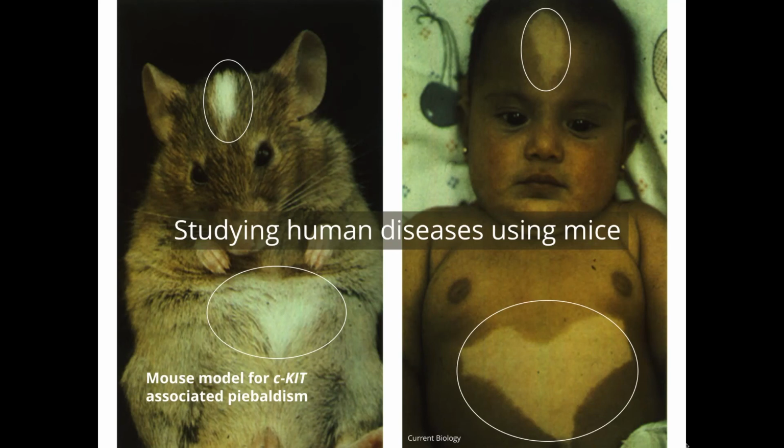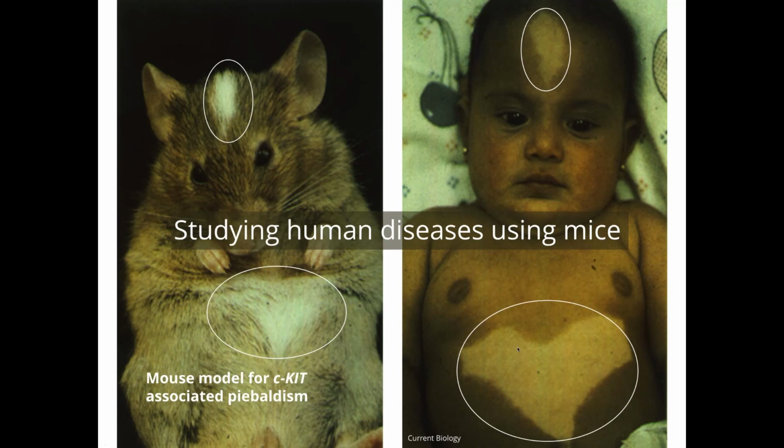And mice are used for studying human diseases because, as shown in this picture, mice are genetically very closely related to humans, and therefore there can be similarities in the phenotype, and this is the bare patches here at the forehead and at the belly of the mouse and of the baby.